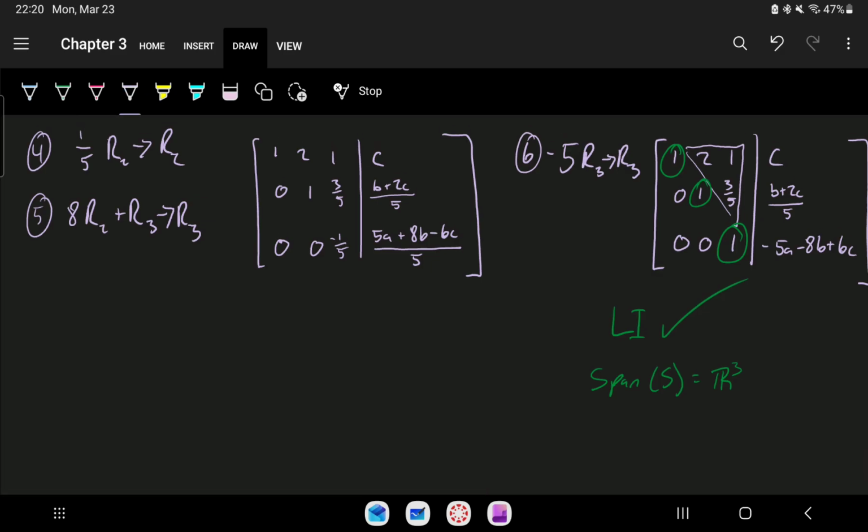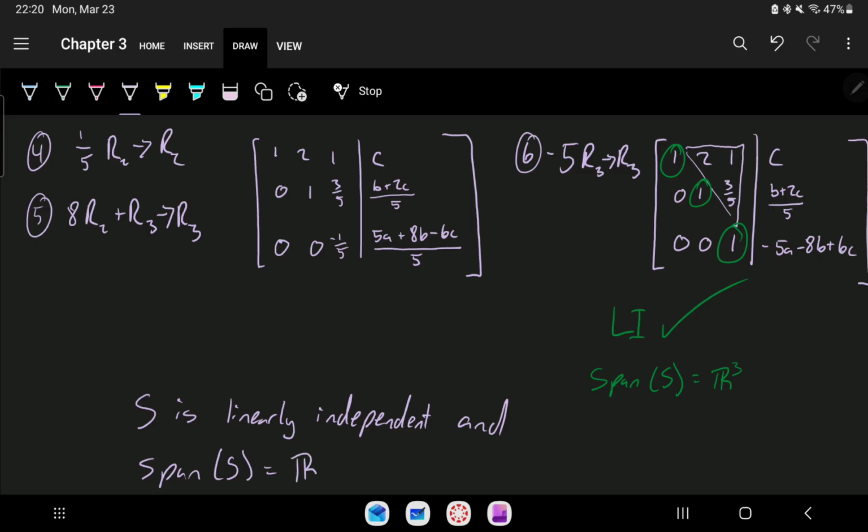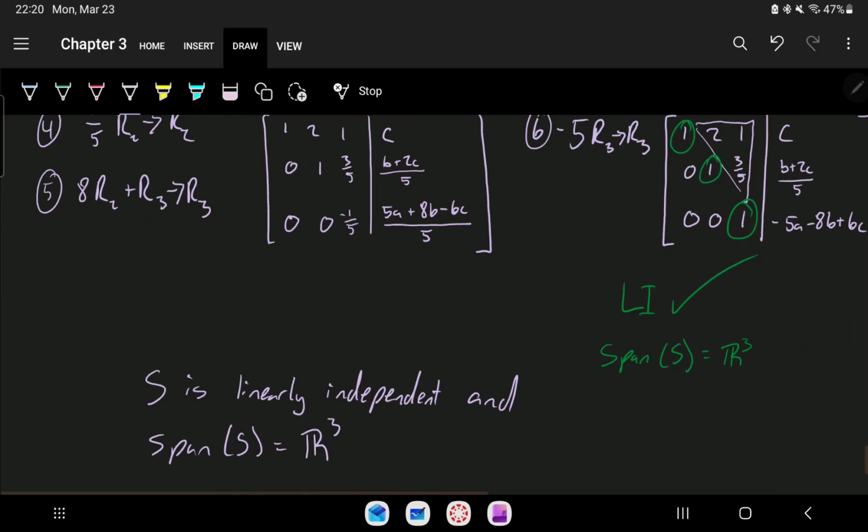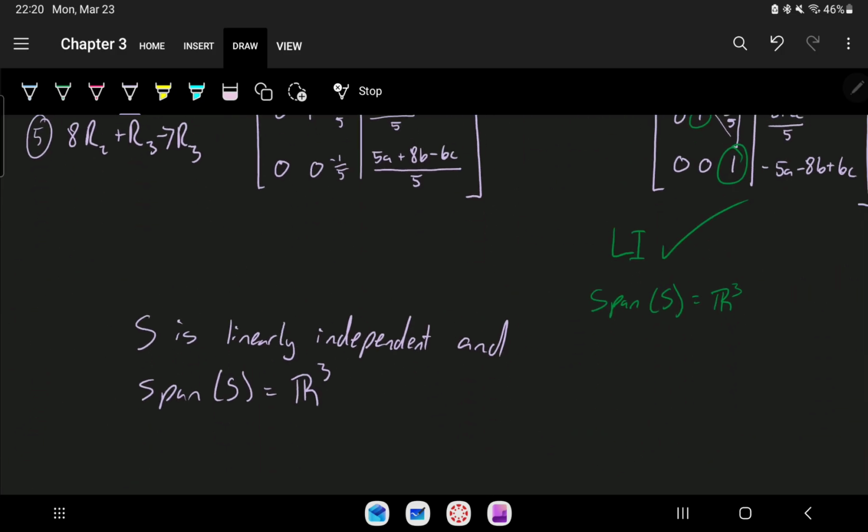Well, we can pull this all together and say that S is linearly independent, and the span of S is R3, and looking back, our vector space is also R3 as well, which means the span of B equals V, as we heard earlier. So S is a vector space. Oh, sorry, it is a basis. Wow, I'm really working weirdly tonight.